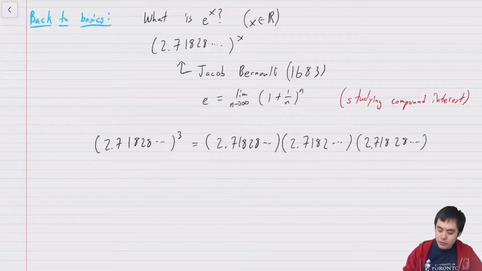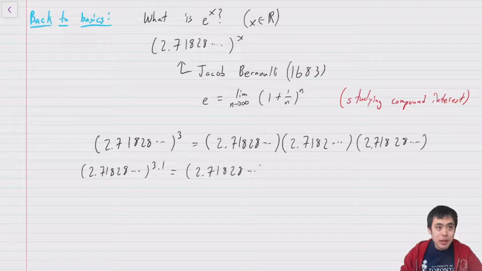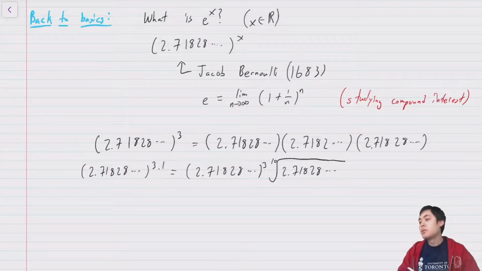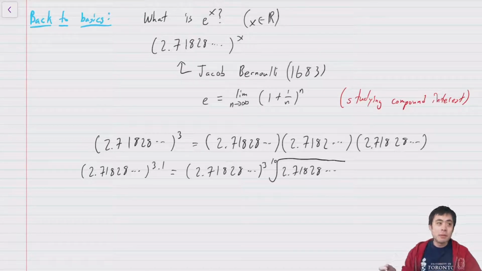Now, on the other hand, if you're taking a fractional power, well, we also know how to do this from our algebra classes. So let's say that's 3.1. Well, that's equal to 2.71828 dot dot dot cubed times the 10th root of 2.71828 dot dot dot, right? Because it's the cube of e times the 10th root of e, and so on.